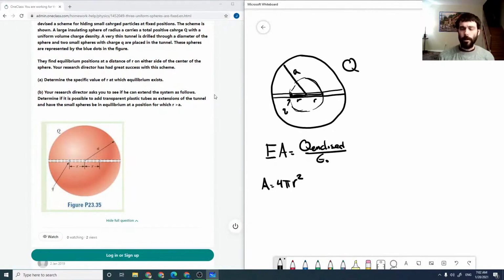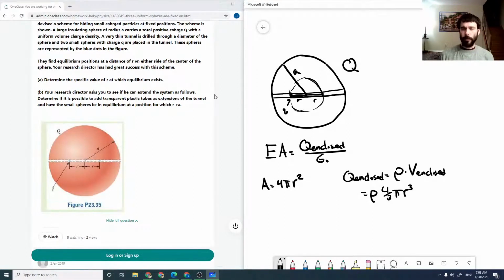Our charge enclosed, since it's a uniform charge density, is rho times our volume, which is rho times 4/3 pi r cubed.